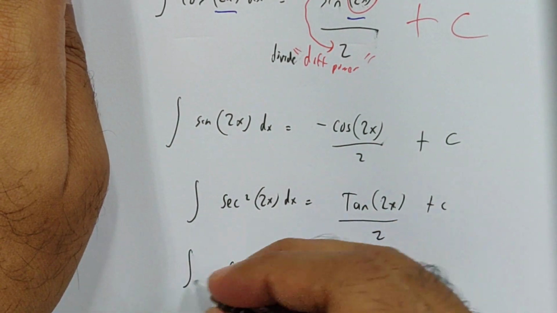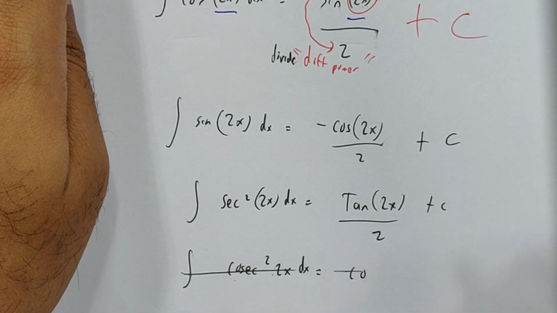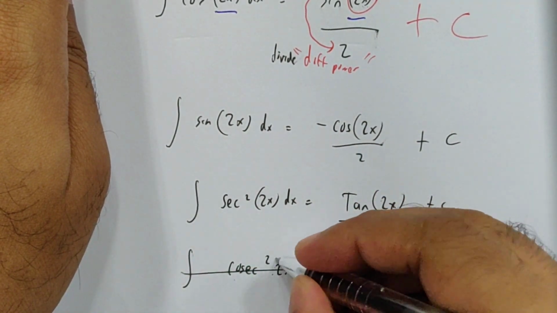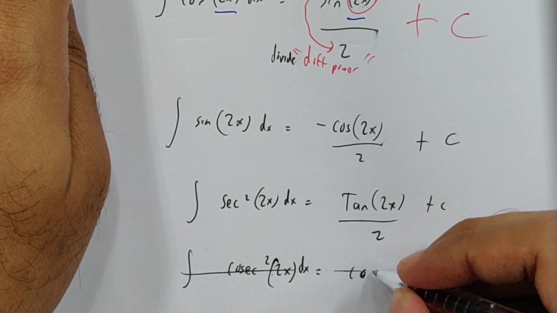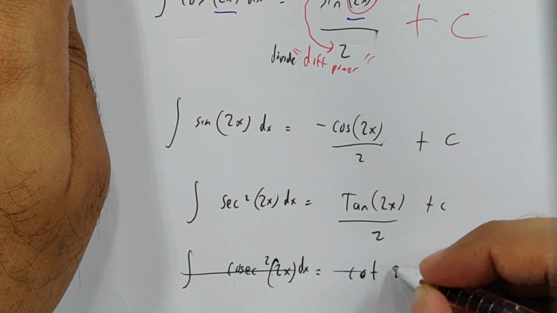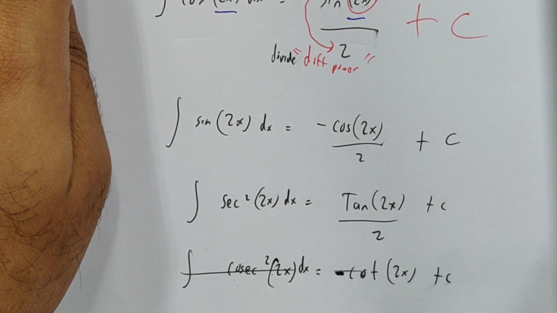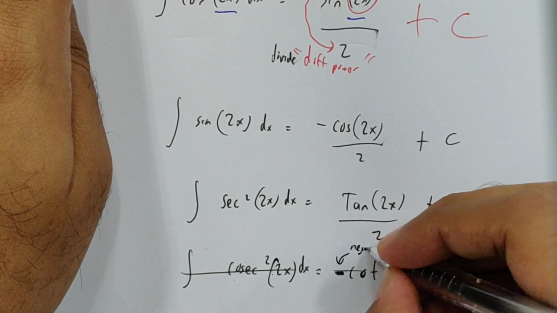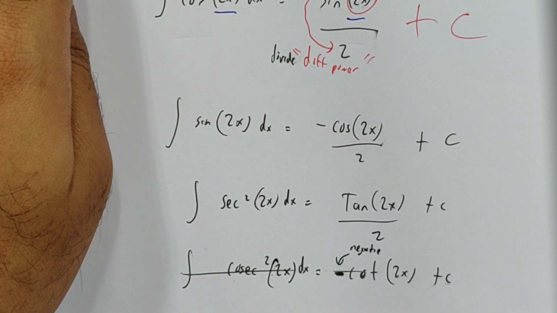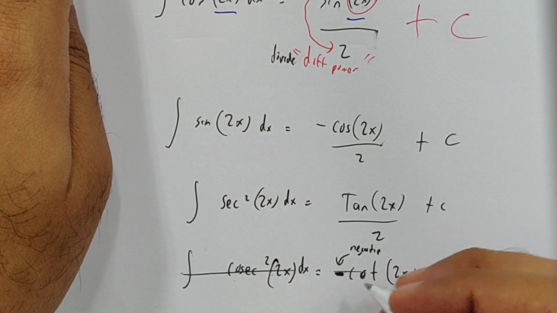Okay, sorry, I think I was right. Negative here. Is this okay? Over 2, very good.